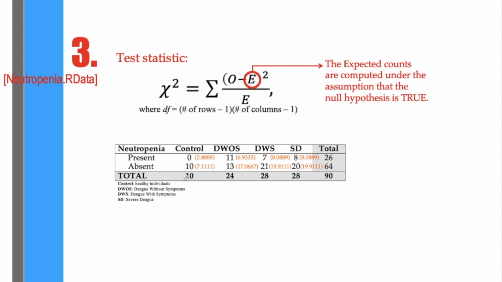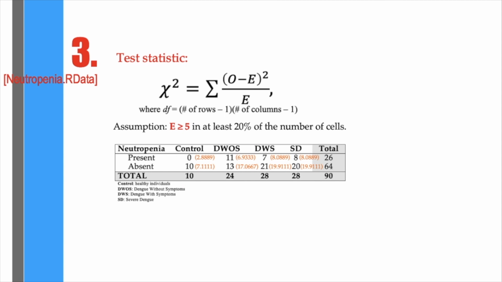Again, the expected counts are computed under the assumption that the null hypothesis is true. That is why, again, when you divide this by this one, by this one, by this one, and this one by this one, they are all equal. Since the assumption in the chi-square test is that the null hypothesis is true. In other words, all the proportions are equal.